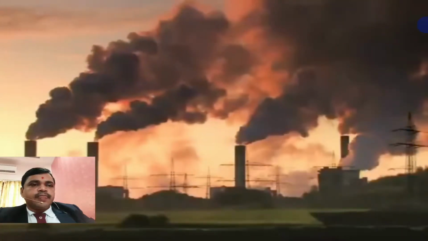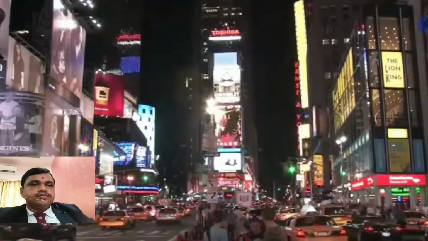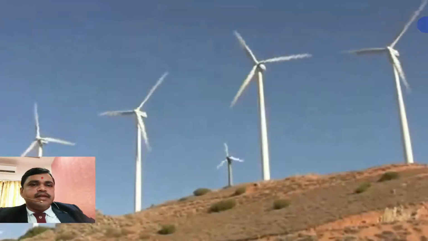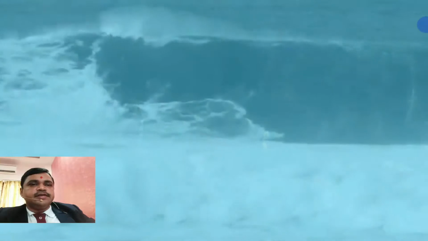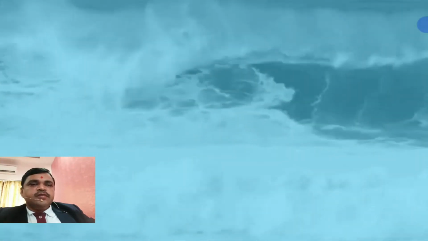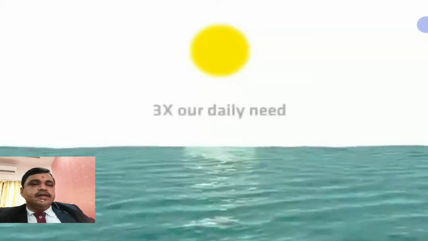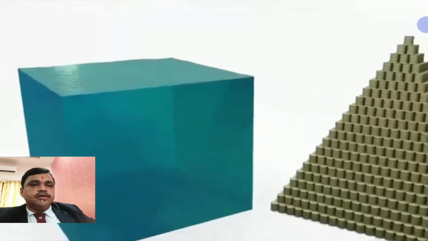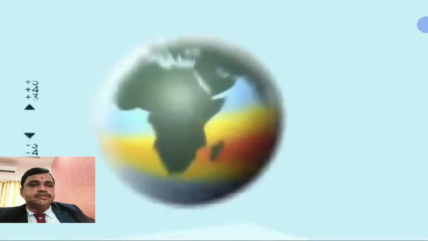Ocean thermal energy conversion. We get electricity from different renewable energy sources: wind energy, oceanic wave energy, and we discuss this type of surface water, the ocean thermal energy conversion system.